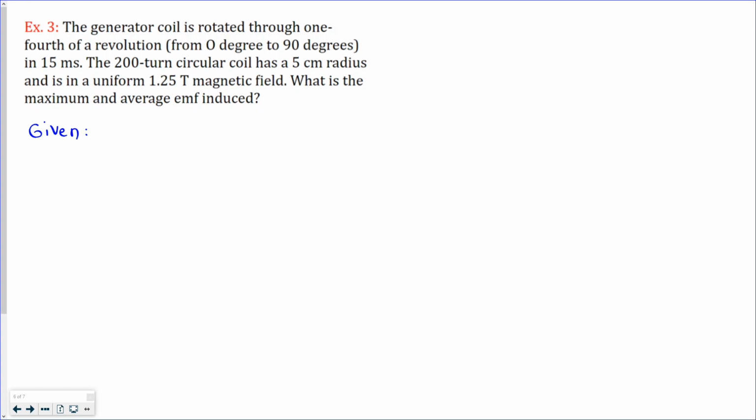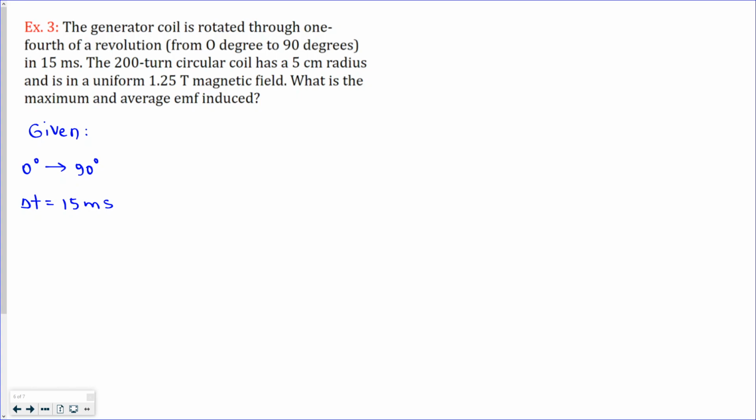What we have, we know that the coil rotates from 0 degrees to 90 degrees, so it's 1/4 of a revolution, and it performs this motion in 15 milliseconds.